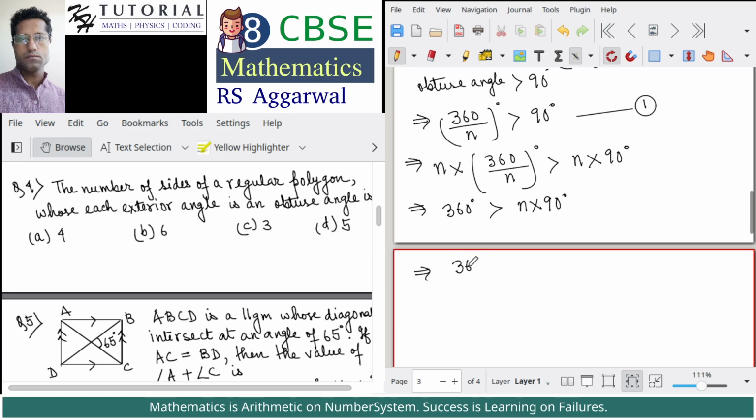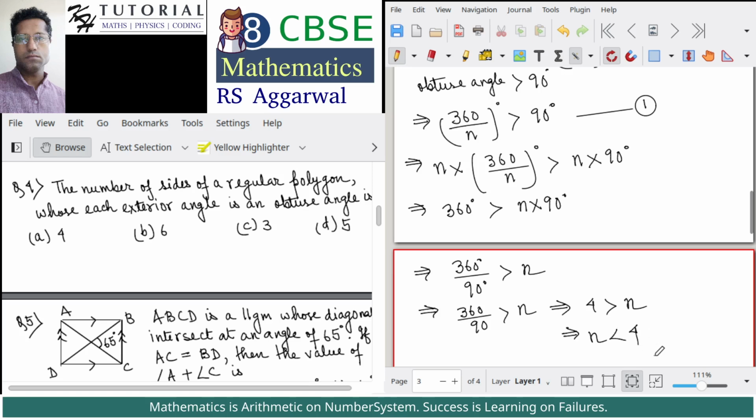So 360 degree divided by 90 degree should be greater than n. 360 divided by 90 is 4. So 4 is greater than n, or we can write n is less than 4.